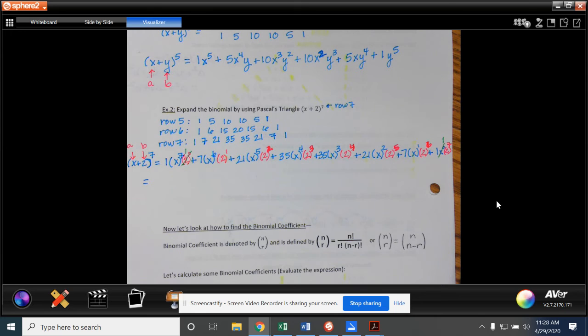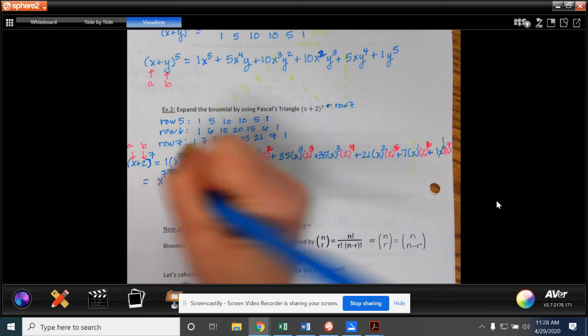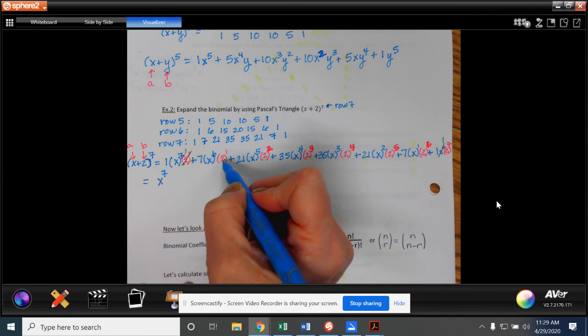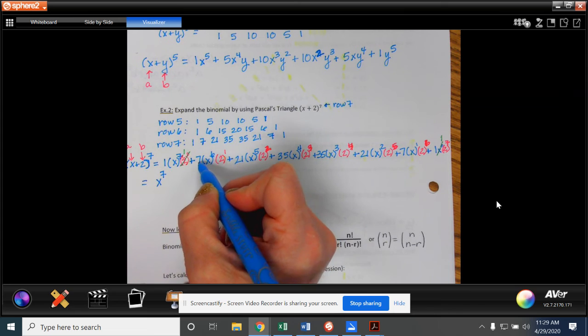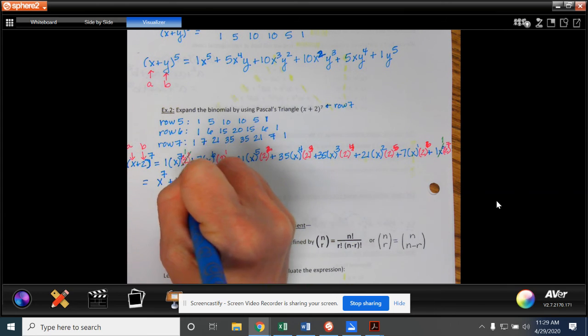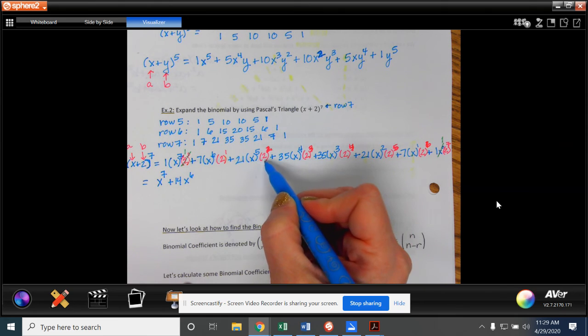So 1 times 1 times x to the 7th. So I get 1x to the 7th. I do not need to show the 1 in front of it. Now I have 2, you have some constants over here. So I have 2 to the 1st, that's 2. 2 times 7 gives me a plus 14, and then I have the variable x to the 6th. Then over here, I'm going to have my constants can multiply together.